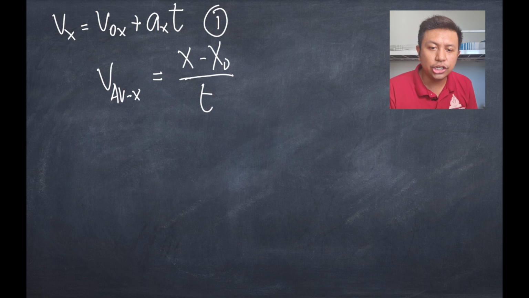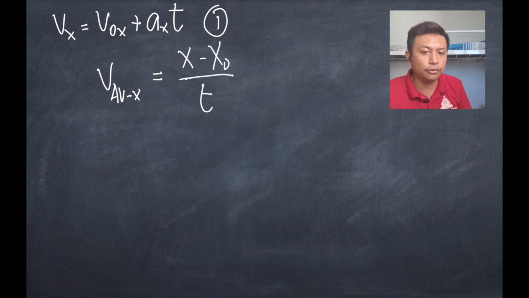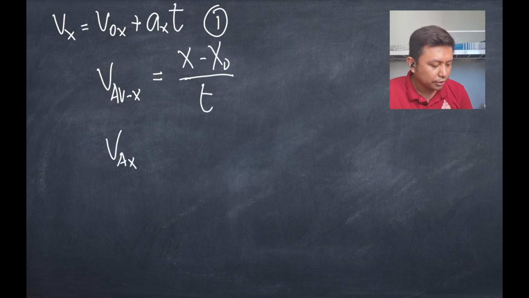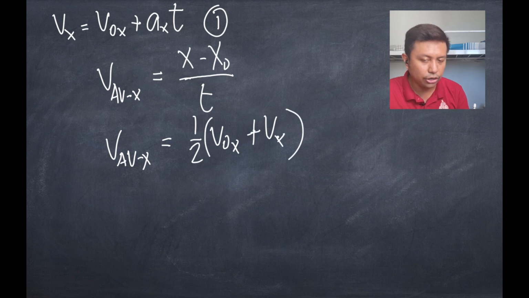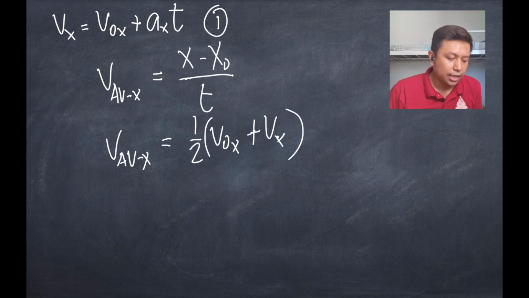The next thing we need to understand is the concept of average velocity in terms of velocity only. V average in x is equal to 1/2 times V naught of x plus Vx. This is your average velocity.